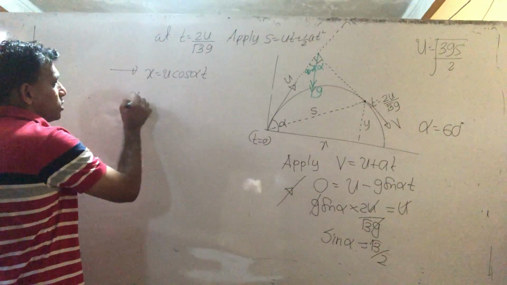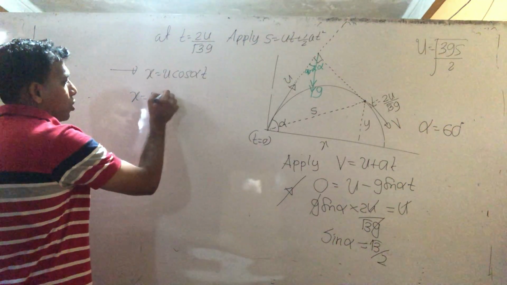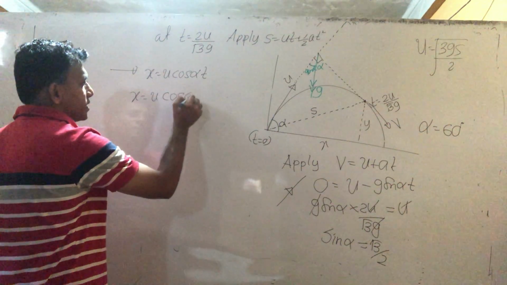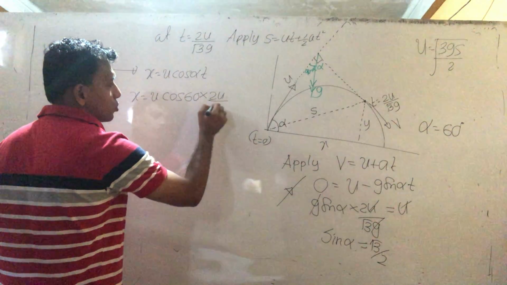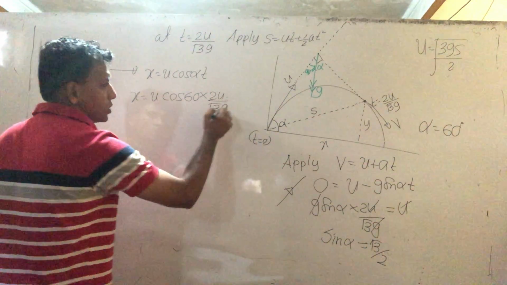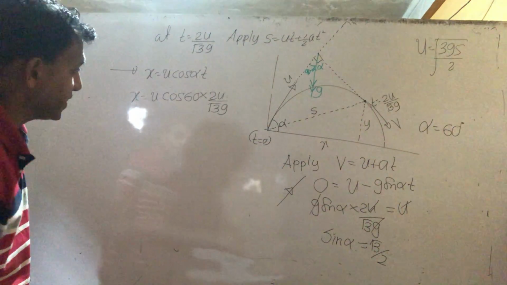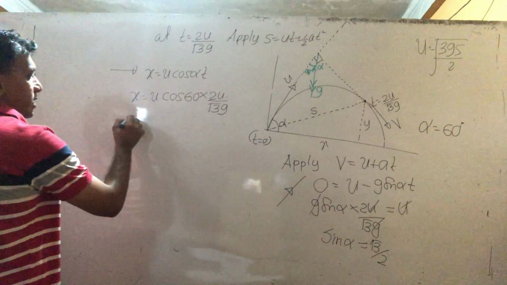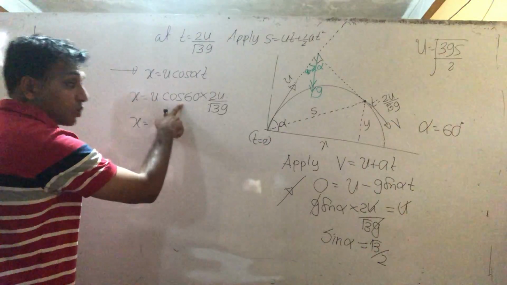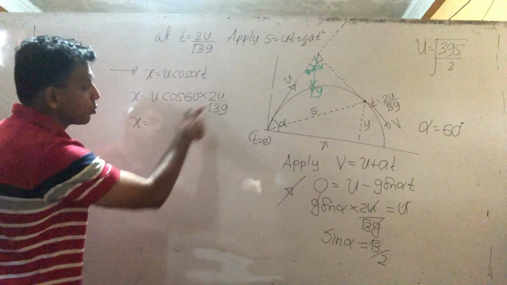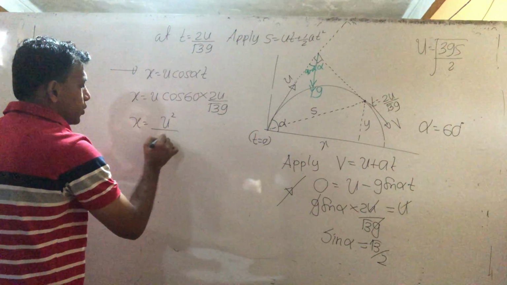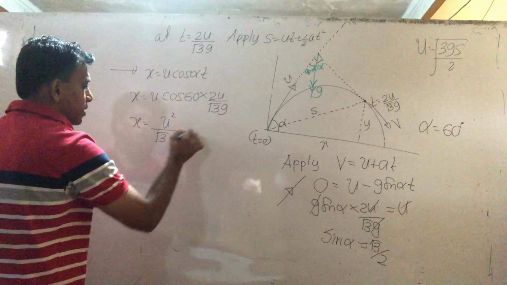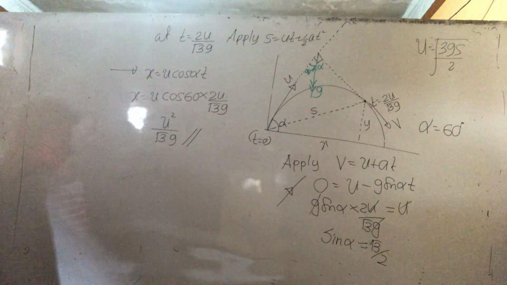X equal u cos 60, alpha is 60, time is 2u over root 3g. So simplify, get an answer. Cos 60 is half, right? Half, 2 cancel. So u square over root 3g is it. This is the x value, horizontal displacement.